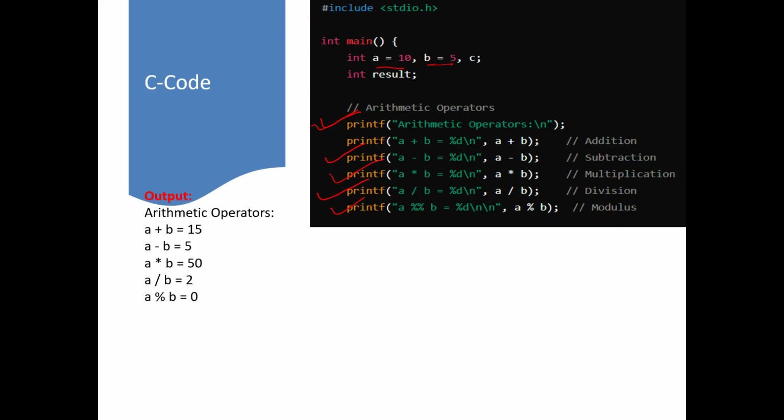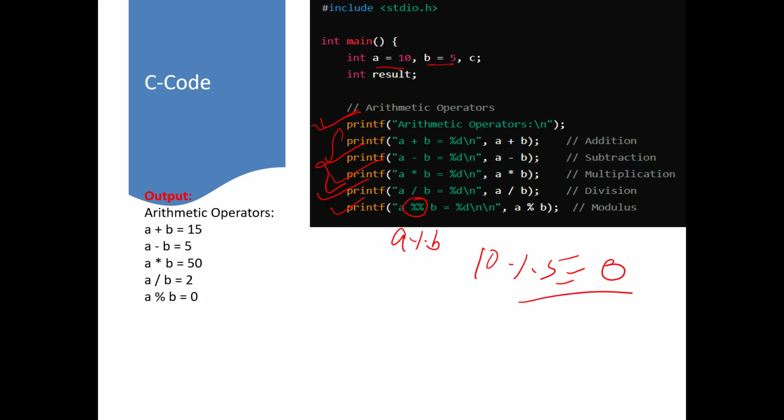So the output will be here. Only one modulo operator, a modulo b. So you can see all these four printf. When 10 is divided by 5, what will be the remainder? 0.